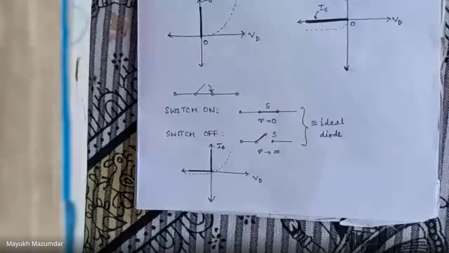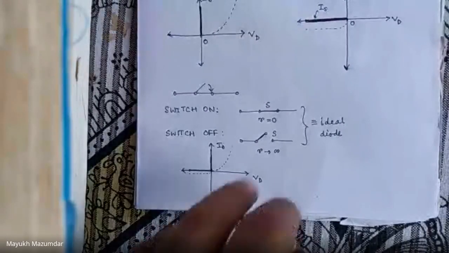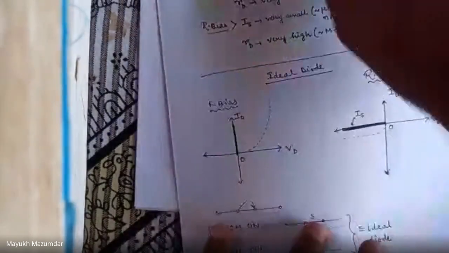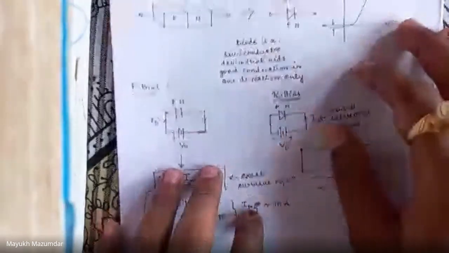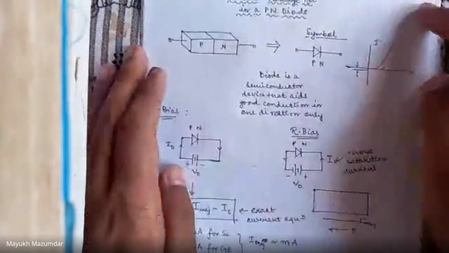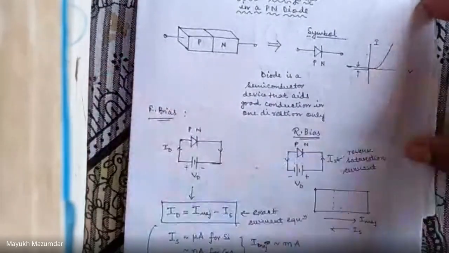Yes, sir. We have another class from 12 today, so we'll end it here. Let me just recapitulate what we learned today. It is important. We began with the symbol of a p-n diode. This thing we already studied earlier.